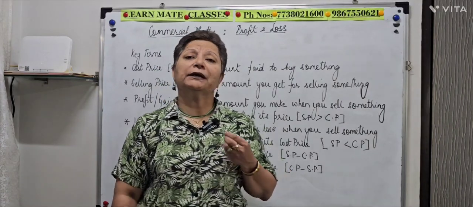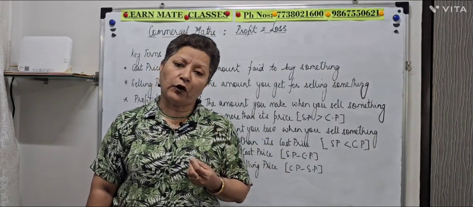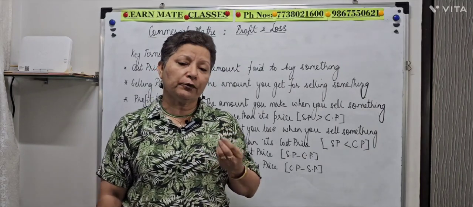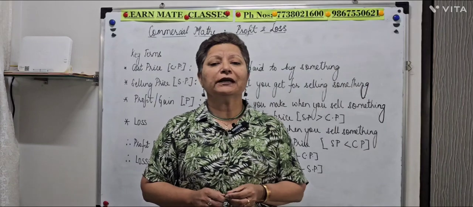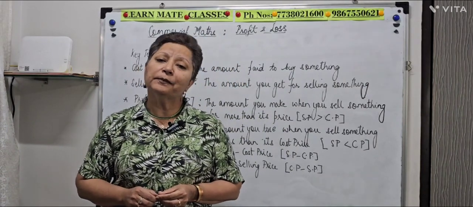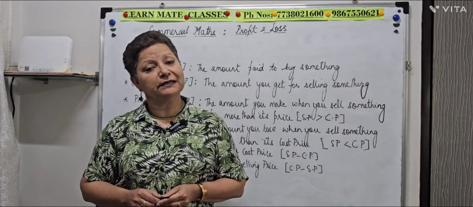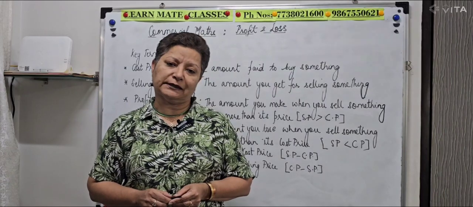So in order to understand what margin of profit a shopkeeper needs to make or is able to make, we need to understand the concept of percentage, whether it is profit percentage or loss percentage.